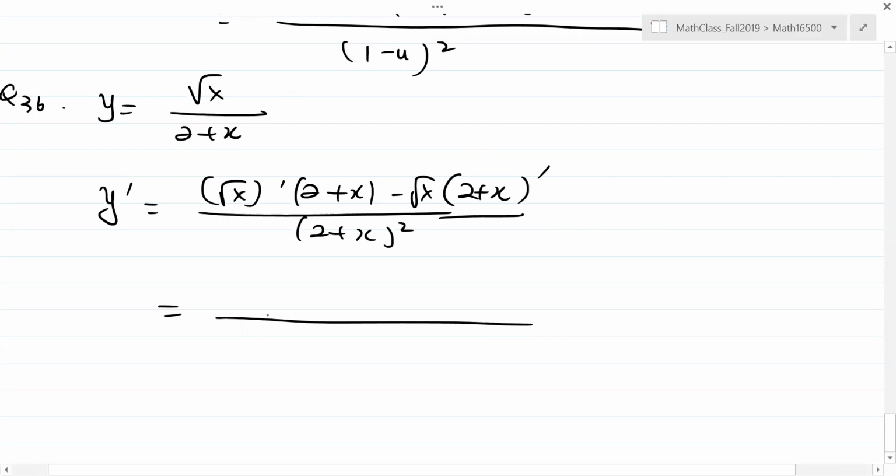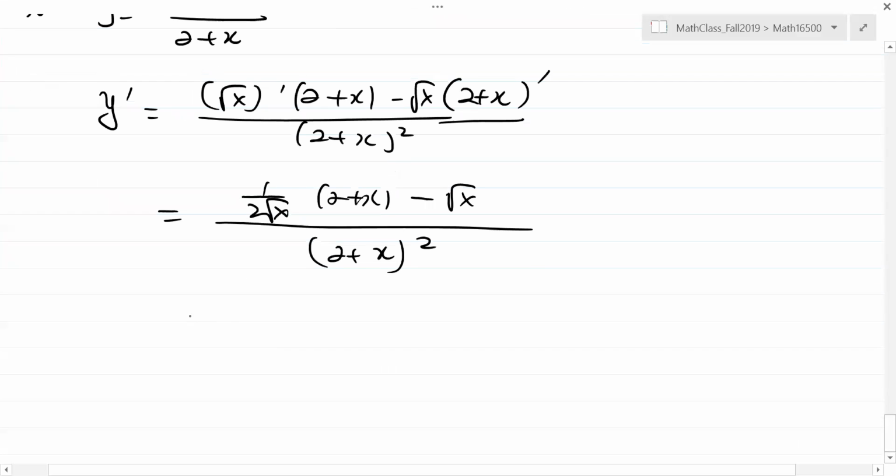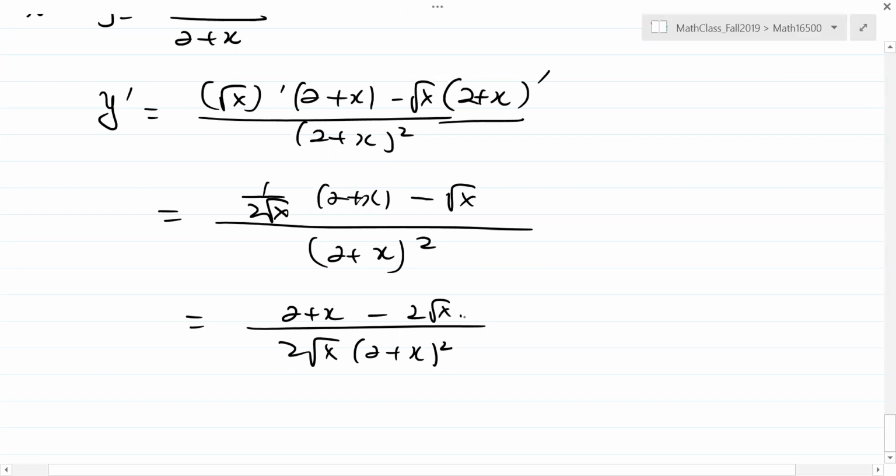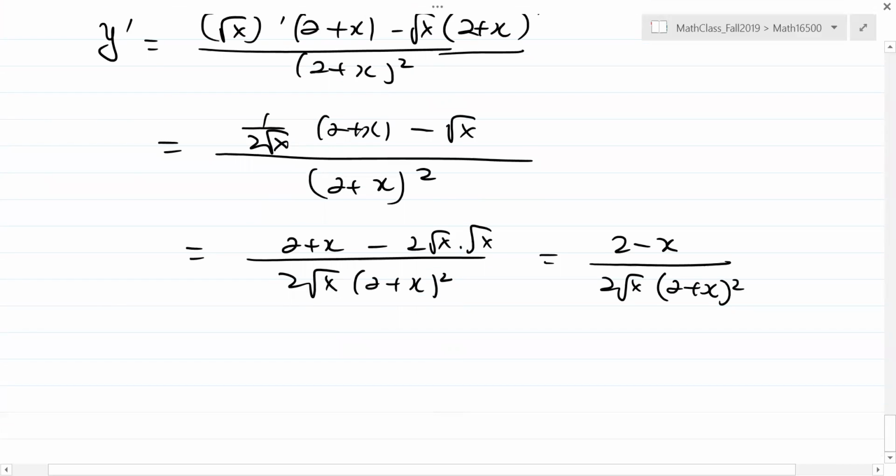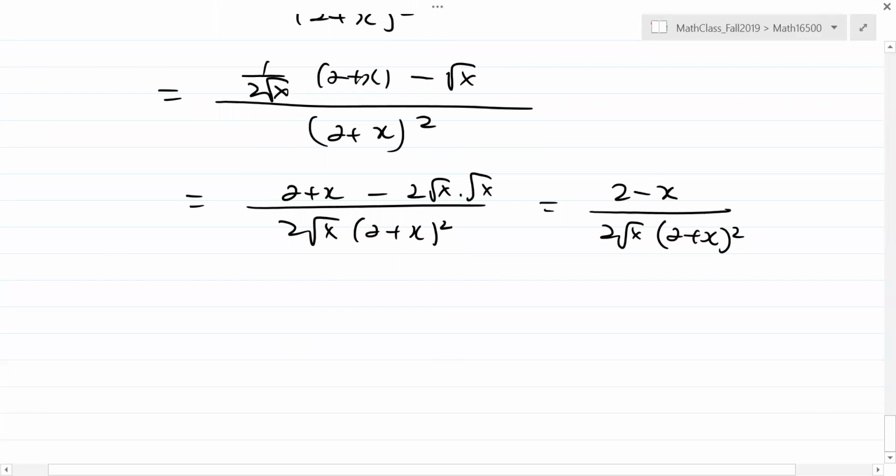I think the difficult part is how to simplify, right? So this is the answer. Yeah, 2 plus x the derivative is what? Now you can simplify it and have 2 plus x minus 2 times square root x times square root x. All right, so this is the final equation.